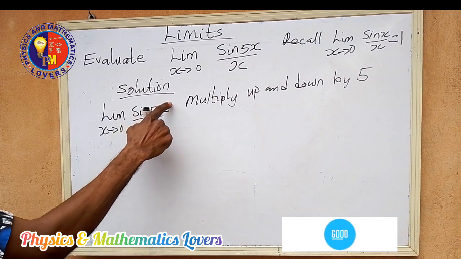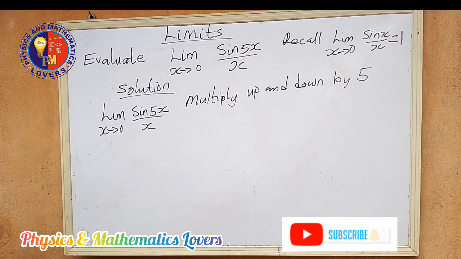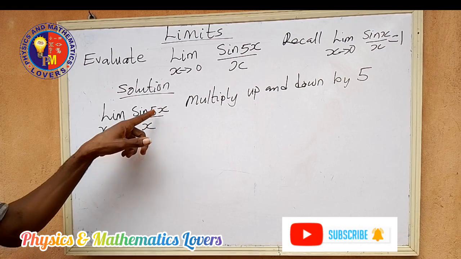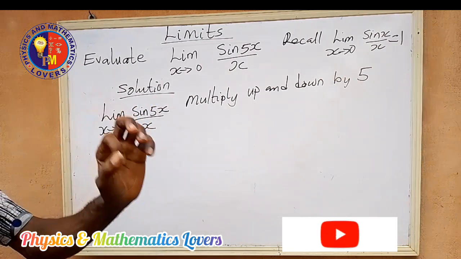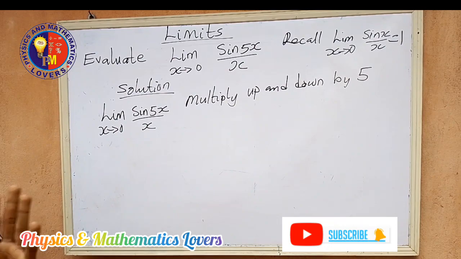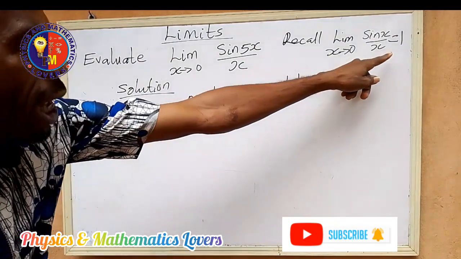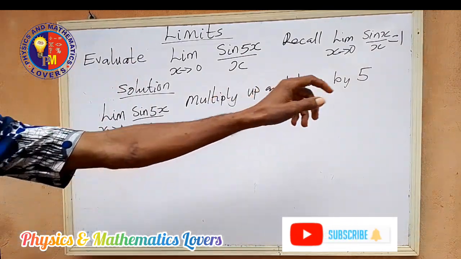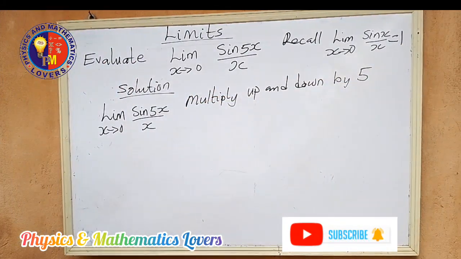I'm going to multiply this up and down by 5. My interest is to make this x become 5x, so that at the end of the day, when I carry out my algebraic manipulation, it will look like sine x over x, to give us the identity, which is 1.